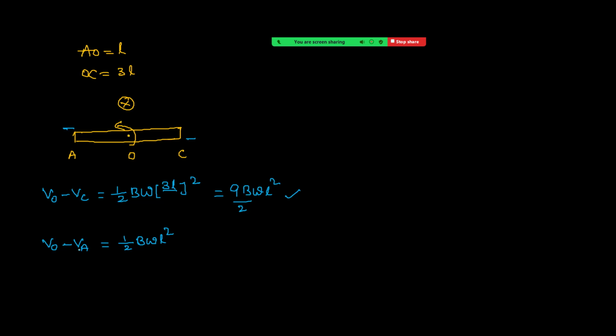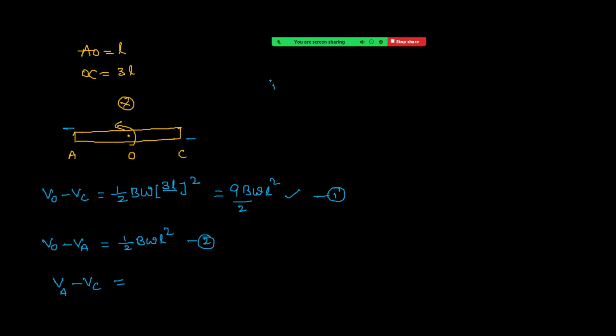From this, to see what I can write. Suppose this is 1 and this is 2. We want to calculate VA minus VC. VA minus VC means we can do equation 1 minus equation 2, right?